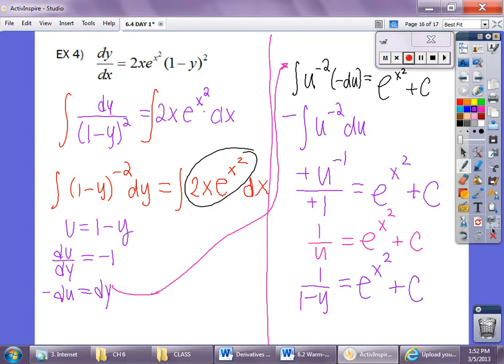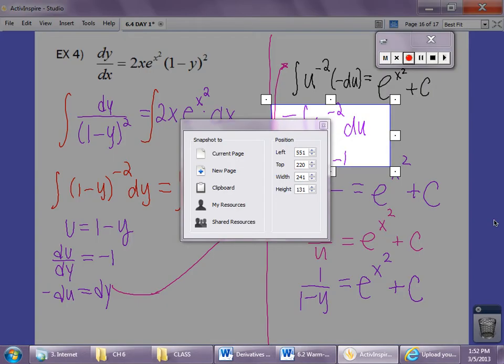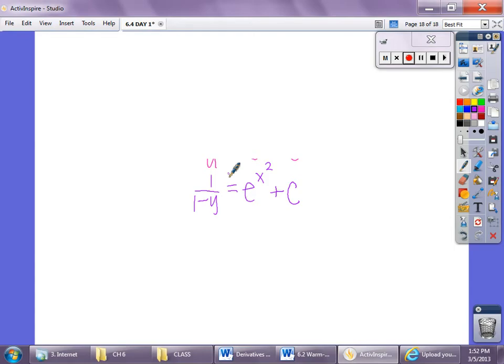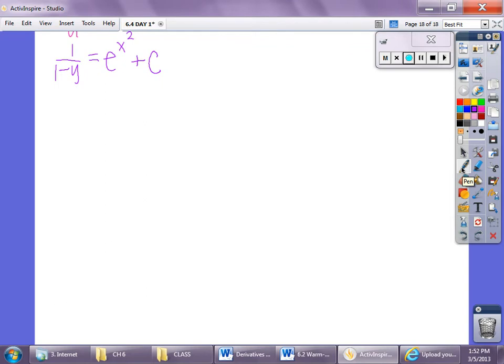And then we are going to solve for y. So how would I do that? y is in the denominator, and so I'd essentially have to multiply both sides by that denominator.